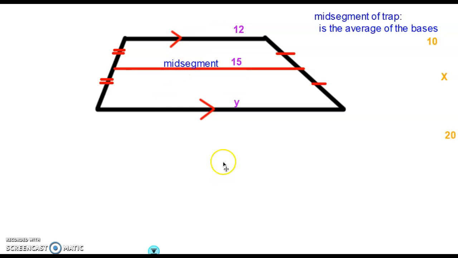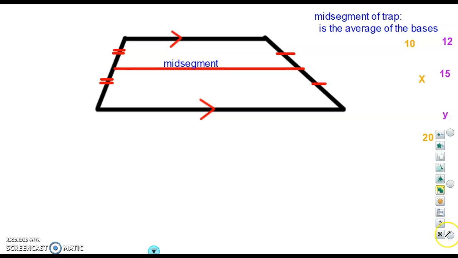So I did the top and bottom, the yellows right here. We would just add 10 and 20, divide by 2, you get 15. Here, we add 3 more, you're going to get 18. And sometimes, maybe you're going to have a problem where the big piece and the mid-segment is given.